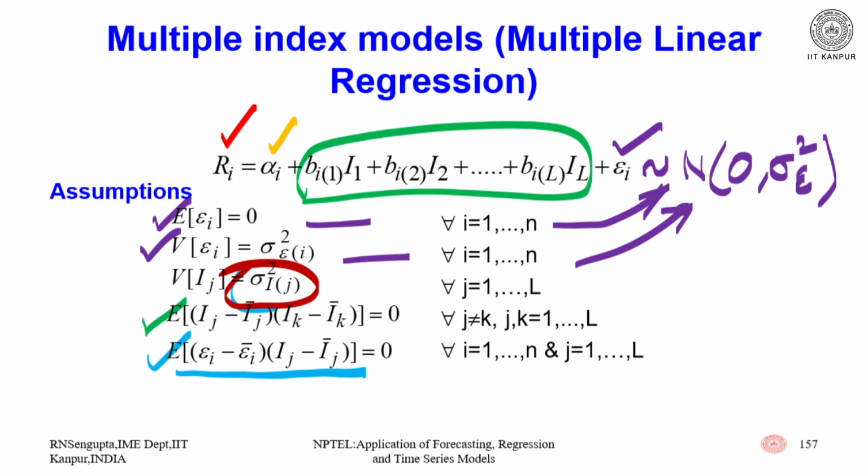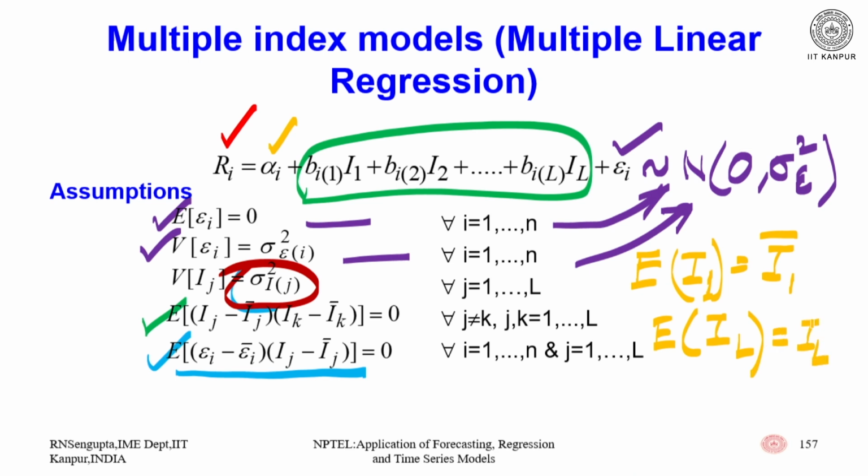So, the expected value for I1 would be given by I1 bar, that is the sample one. Similarly, the expected value for IL, which is the last one, will be IL bar.